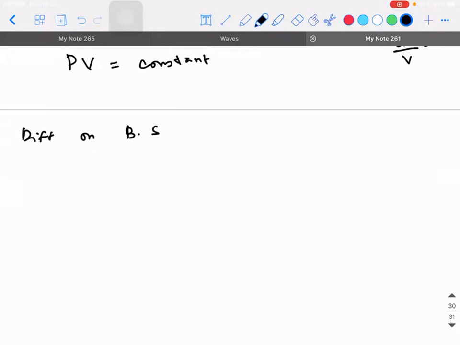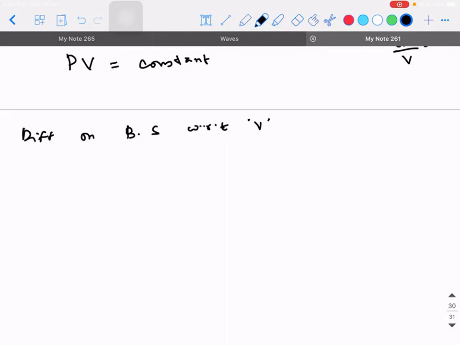Okay. When I say differentiate on both sides, generally I will tell with what parameter you are going to differentiate. Now I'll say differentiate on both sides with respect to volume. Let's see what is going to happen.